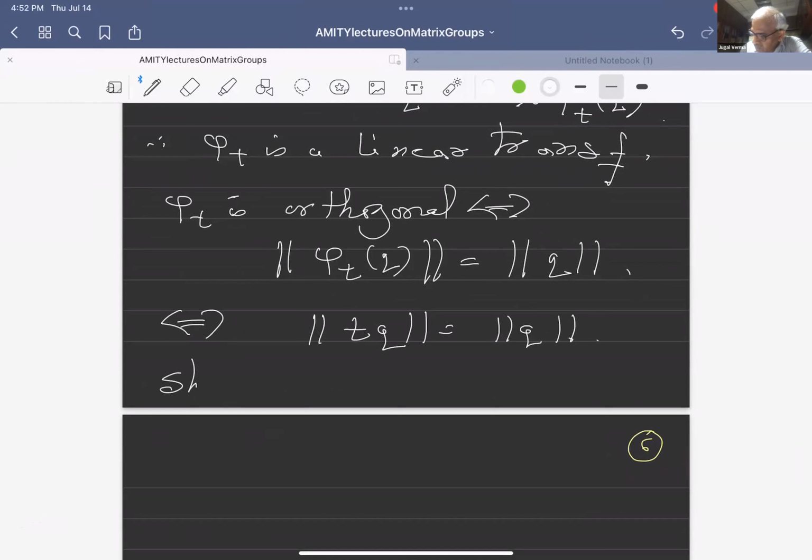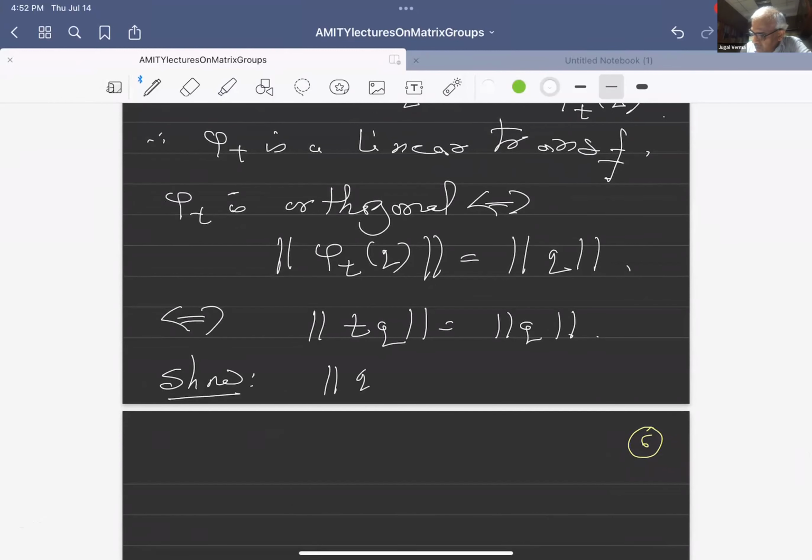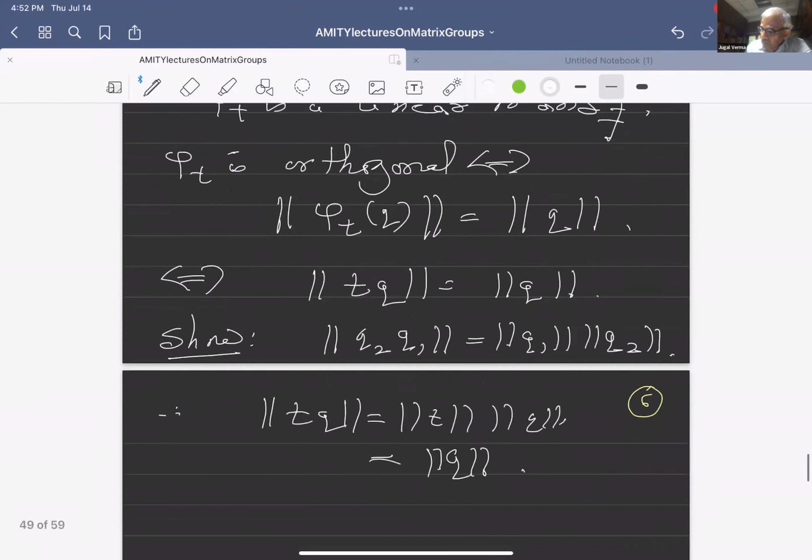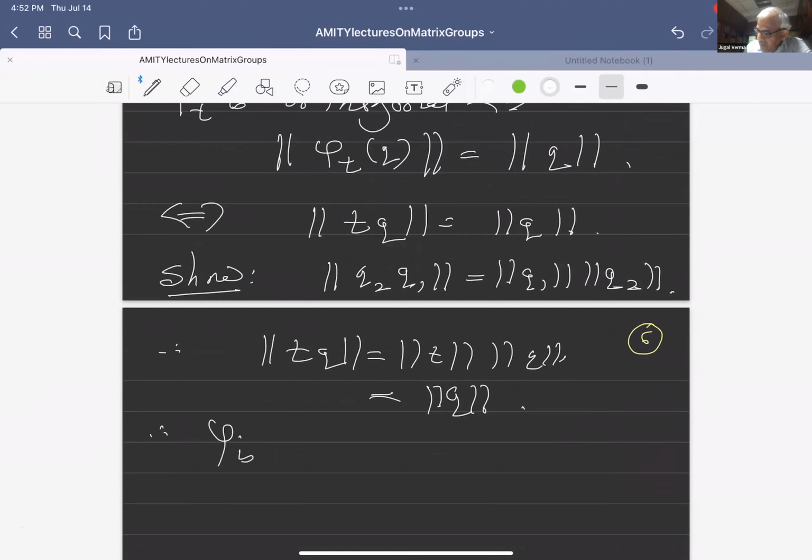It is a very easy exercise: if I take two quaternions, the length of the product is the product of the lengths. Therefore the length of qT is the length of q times the length of T, but the length of T is 1, so this is the length of q. And therefore phi T is an orthogonal linear transformation.